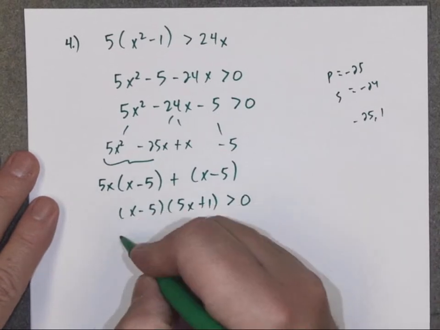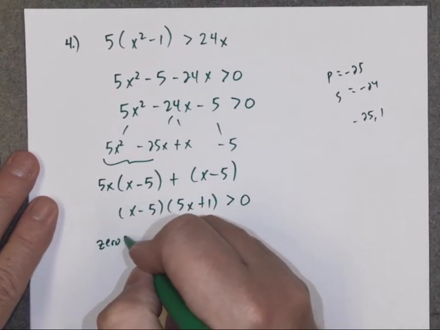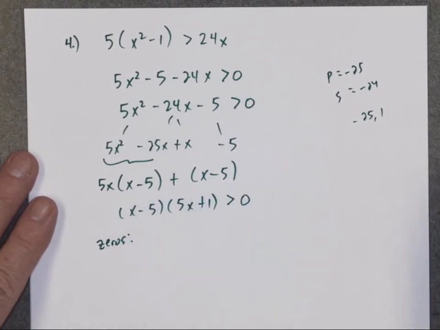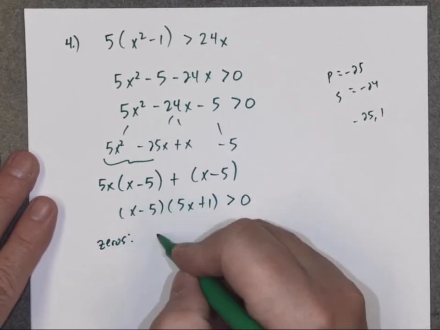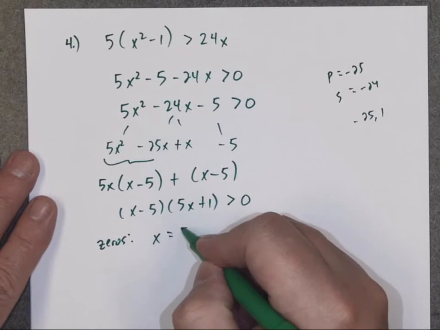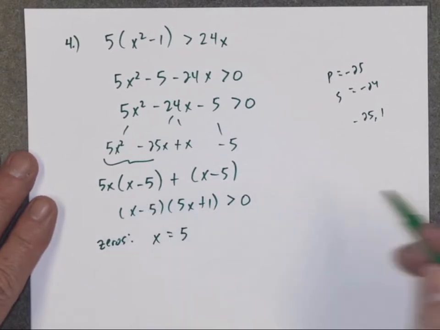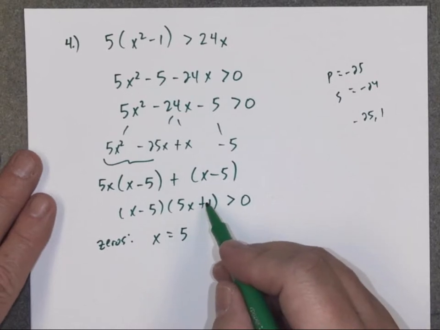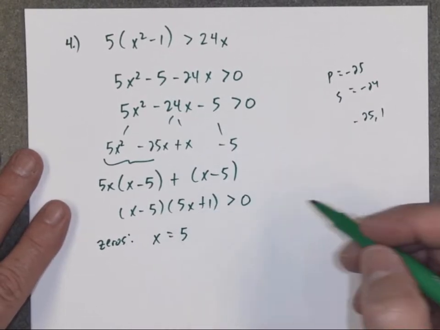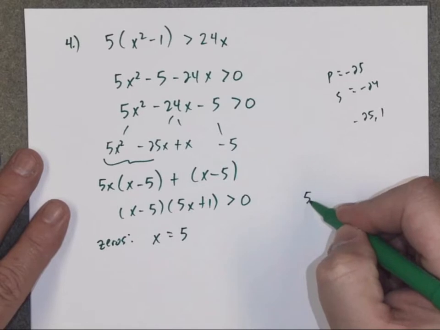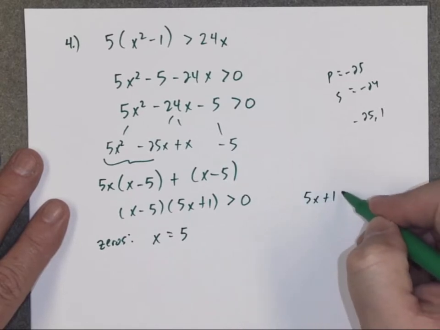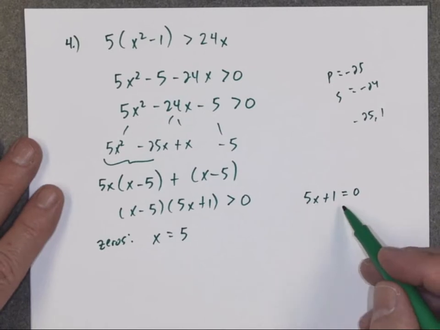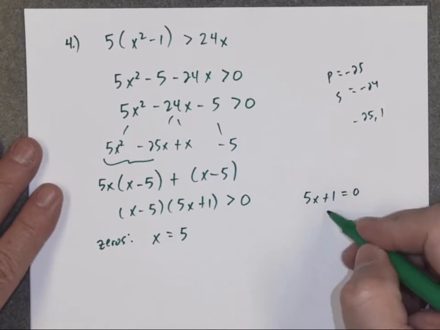Now let's find the zeros. So the zeros are the values of x that cause this whole expression to equal 0. First parenthesis, it's pretty straightforward. If x is 5, that whole parenthesis is 0. Second parenthesis is a little trickier. And sometimes if you're not quite sure, you can always take whatever's inside the parentheses and set it equal to 0 and solve for x, just to make sure you don't make any math errors.